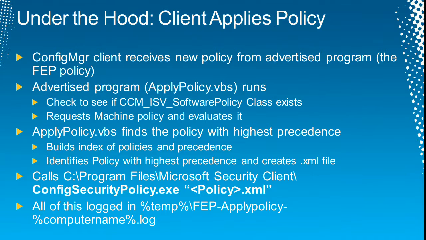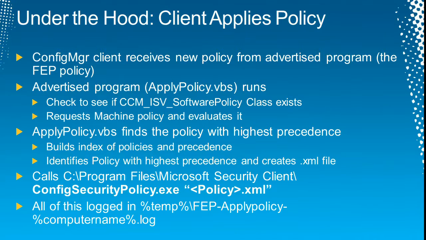Then apply policy finds the highest precedence policy. It builds an index of all the policies that have been assigned to the machine and then compares the precedences. Once it identifies the highest, it parses through that policy data and creates the actual XML file. That XML file is then stored in the CCM cache.